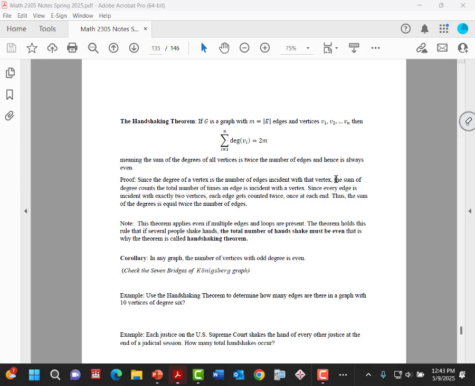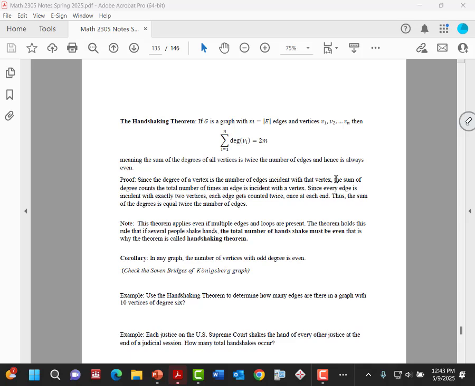It is equal to double the edge set. So the sum of the degrees of all vertices is twice the number of edges, and hence always even. That's important, okay? 2 times m is always going to be an even number.